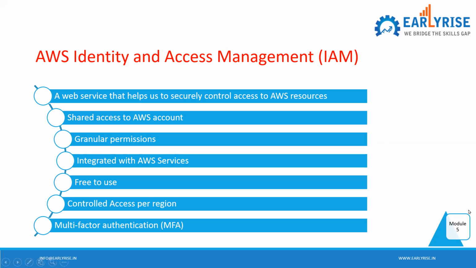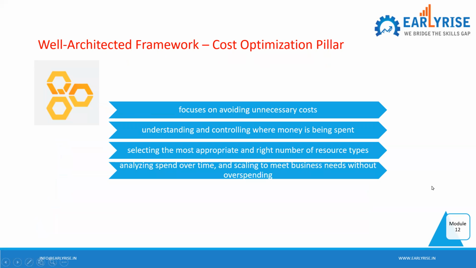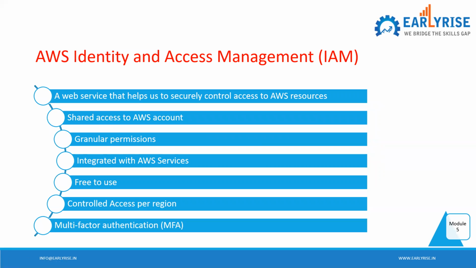This module 5 thing I'm just discussing, at the end of the session you will find that everything is covered, but I have rearranged according to the batches, the audience, and the participants' requirements. I'll be doing the modifications.